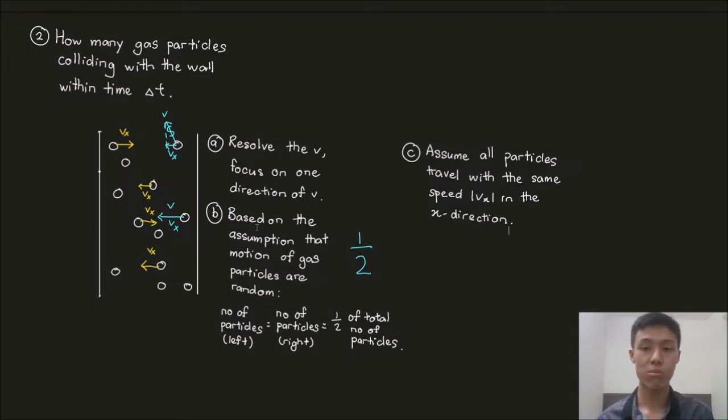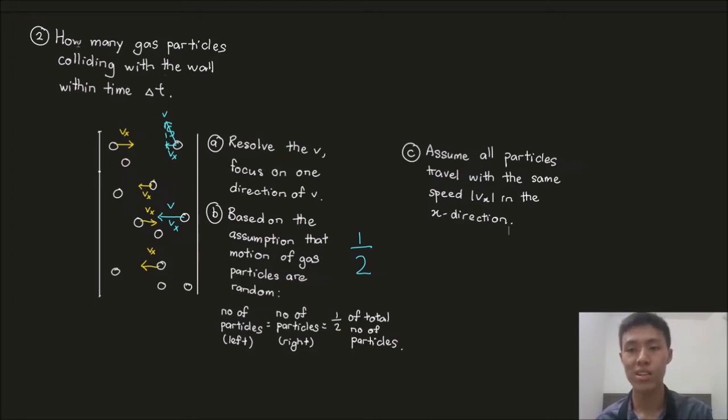Then using the assumption that half of them are moving to the left, half of them moving to the right, we remove the right wall by focusing on only half of the total number of particles. So the third thing that we are assuming here is we assume all the gas particles here are moving with the same speed, which we call the modulus of Vx. So we have done a lot of simplification.